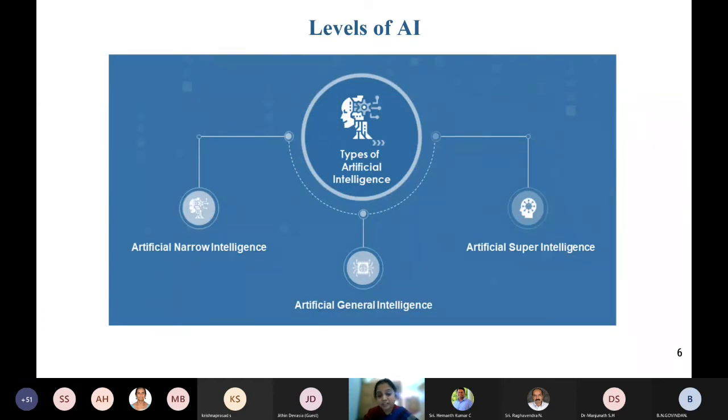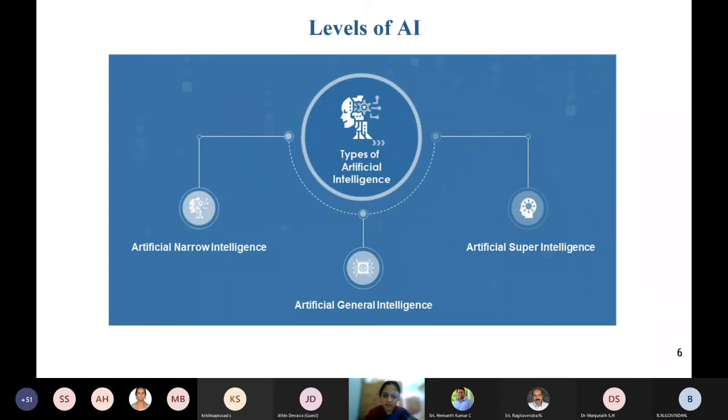Talking about each of them, when I say narrow intelligence, it means it can implement only one task. When do you say a person is intelligent? Let's say something like a face recognition system. It can recognize the face only, that is the only thing it can do.